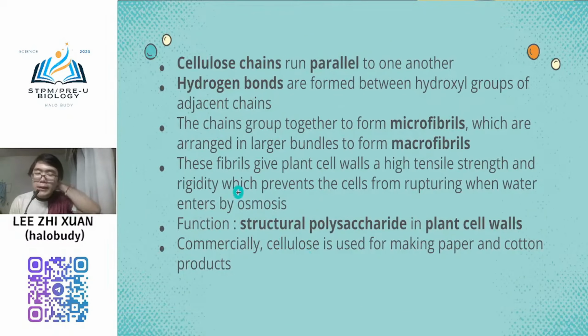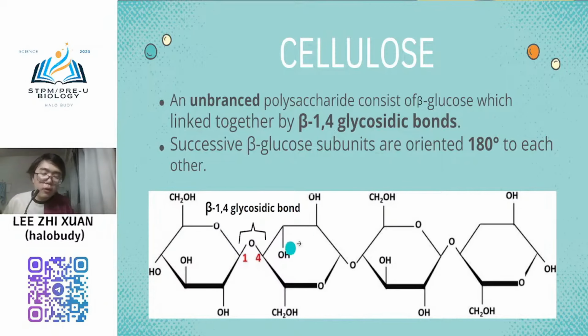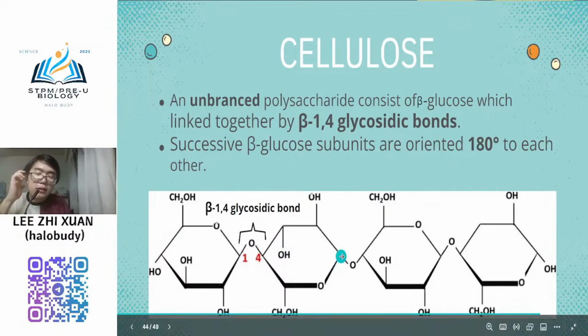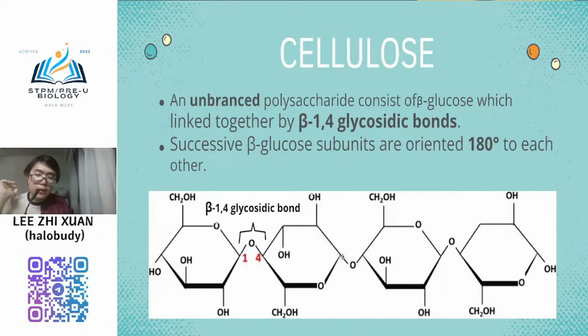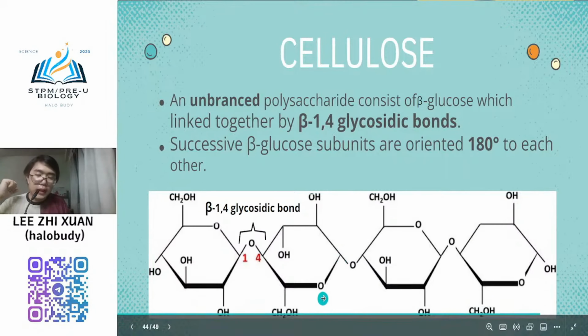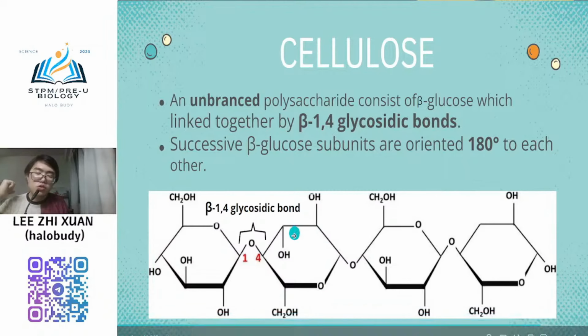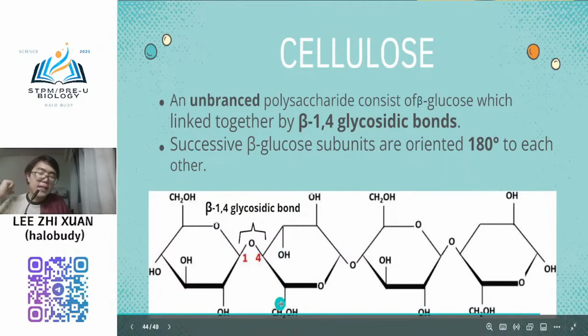But for beta glucose, the carbon numbers are calculated in reverse. Meaning that successive beta glucose units are oriented 180 degrees to each other. The carbon number 1 starts at here too, but not at here. This one is not carbon number 2. You see the oxygen atom is here, meaning it is calculated 1, 2, 3, 4, 5 and 6. Totally reversed.